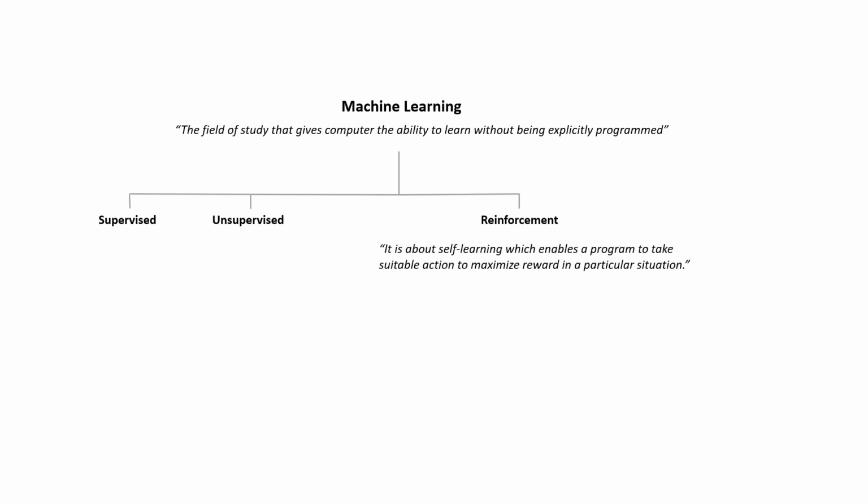So, what is reinforcement learning? The definition says it is about self-learning which enables a program to take suitable action to maximize reward in a particular situation.